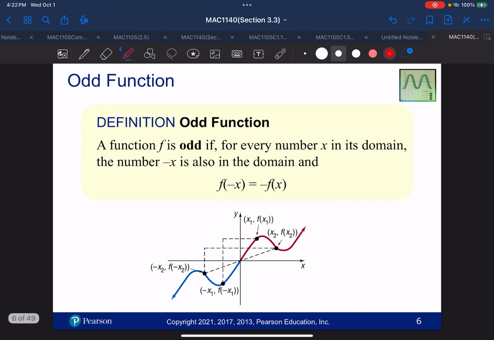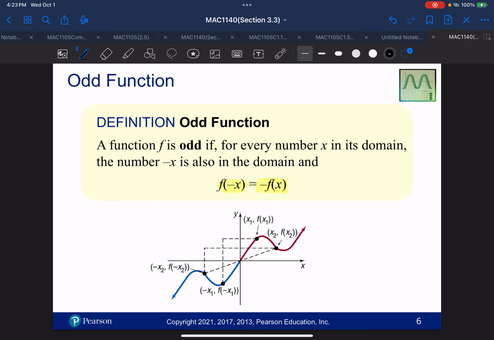And then a function is odd if for every number x in its domain, the number negative x is also in the domain, and f of negative x is equal to negative f of x, which means if we plug in negative x to the function and we get the same function but everything has opposite signs, then we know that that function is odd. And an odd function is symmetric with respect to the origin.